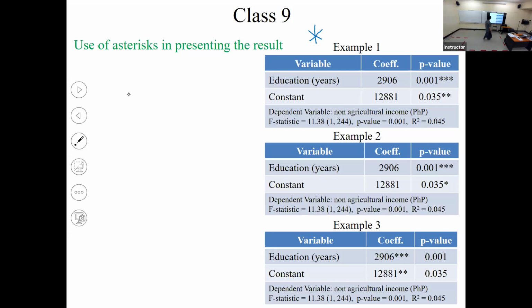Okay, so if the coefficient is not statistically significant, then you don't put the asterisk. Okay, so this will help the readers to get a quick idea of which variables are significant. Because in the actual analysis, you include many variables. Okay.